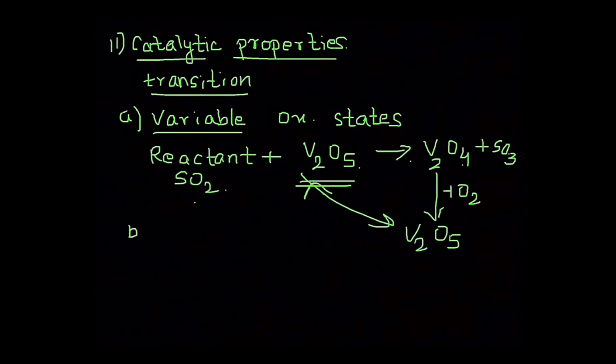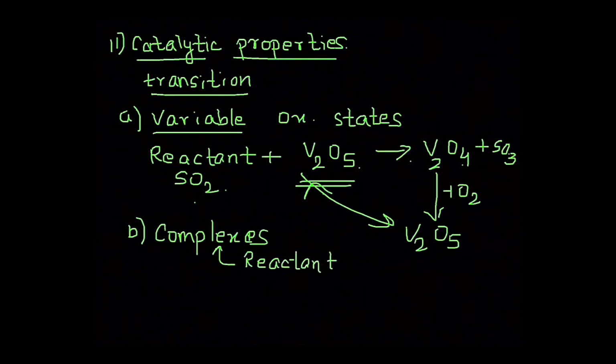The other reason is that they are able to form complexes with the reactant. So the reactant binds to the transition metal. The reactant forms a complex on combining with the transition element.